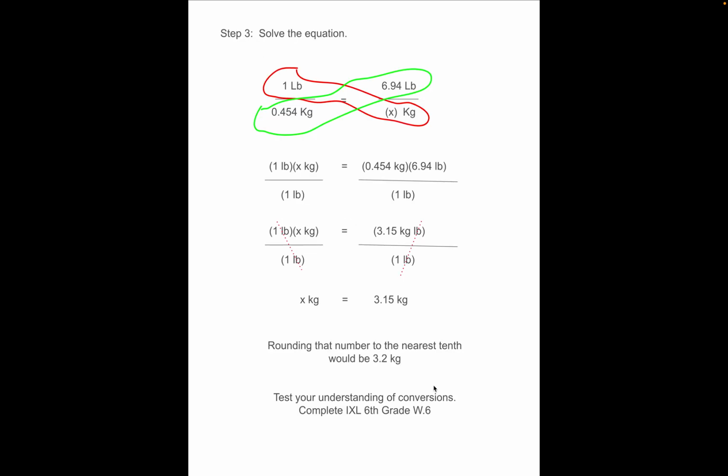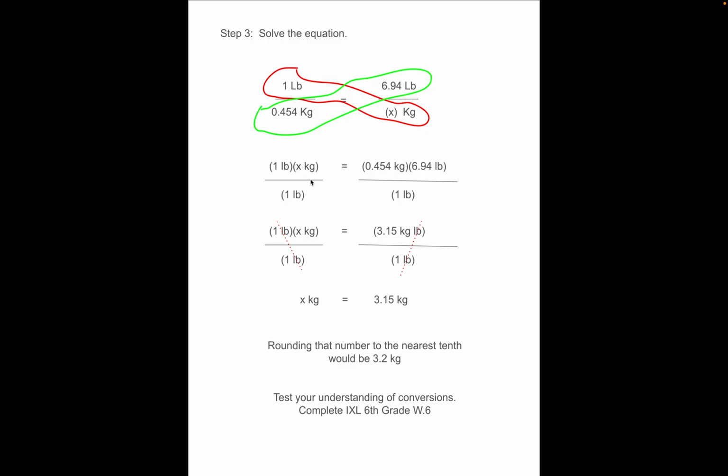The next step is to solve that equation. Whenever we have two equivalent fractions, we can cross multiply, and the cross products will be equal to each other. The product of the reds is equal to the product of the greens. So 1 times x is equal to 0.454 times 6.94.